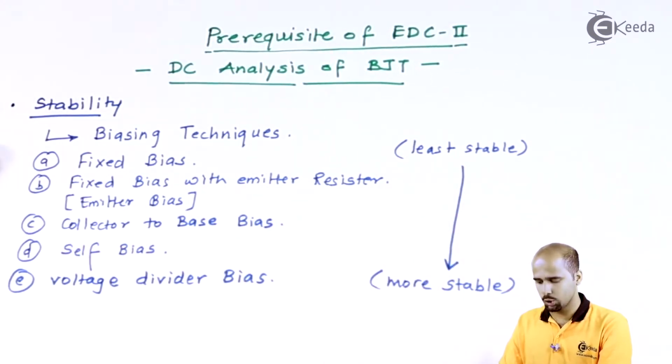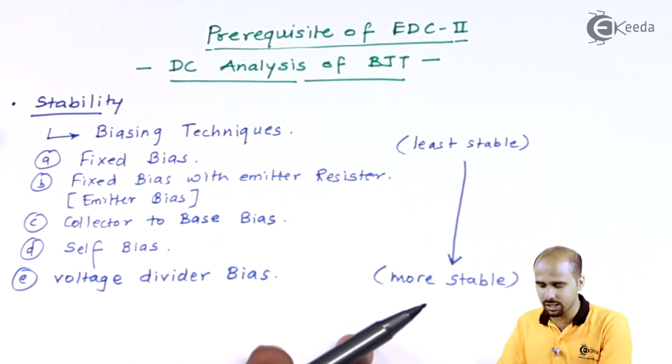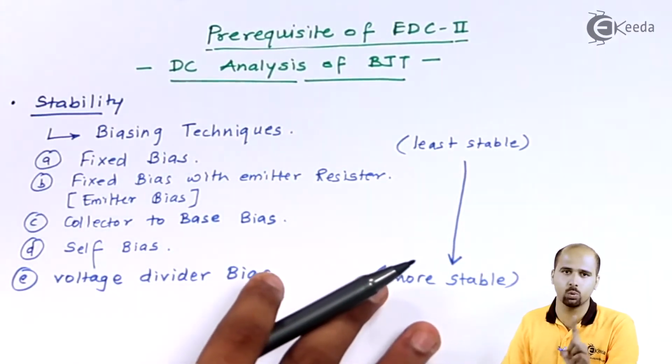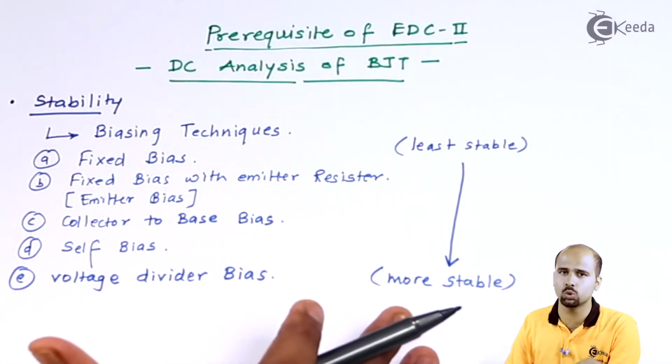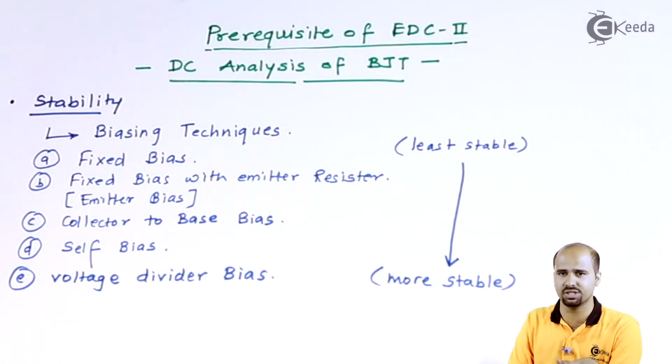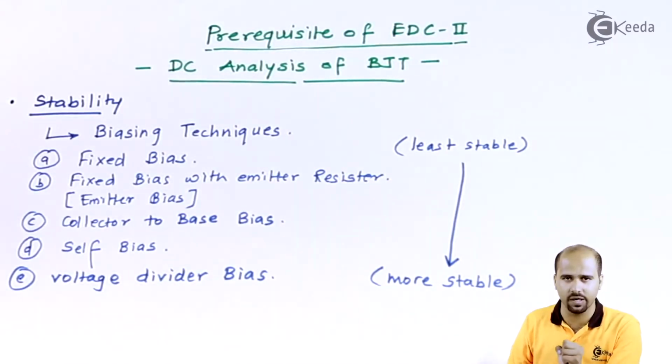In this slide we have understood that for DC analysis we require stability, and for stability we have two ways. One is compensation, which we will not learn yet. The second is the biasing technique, which is the arrangement of the circuit to get the proper output.